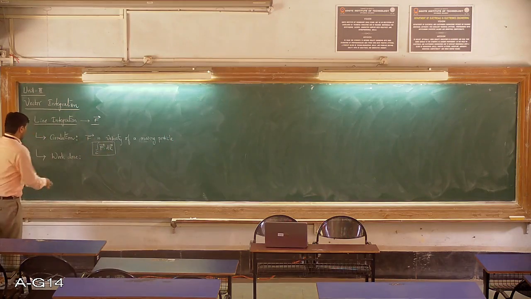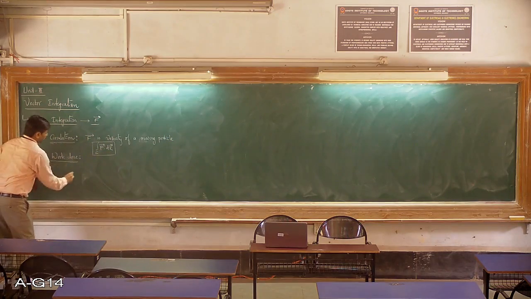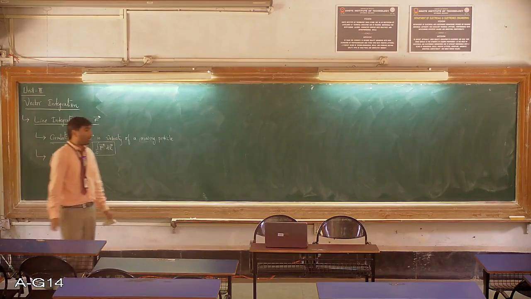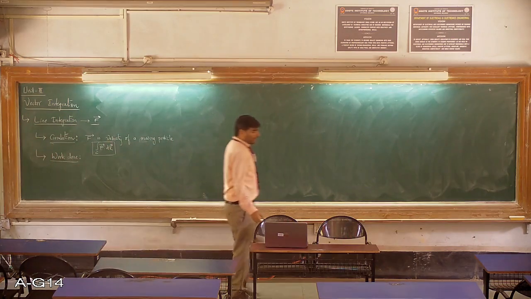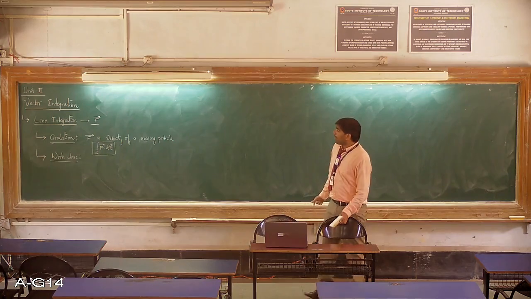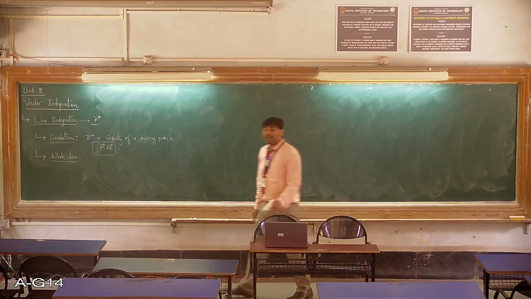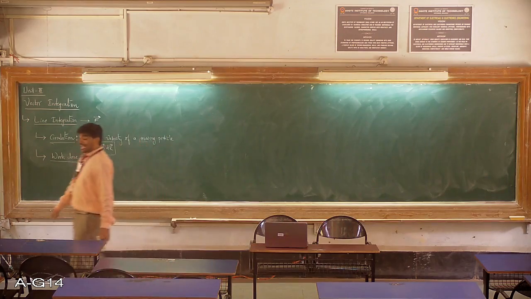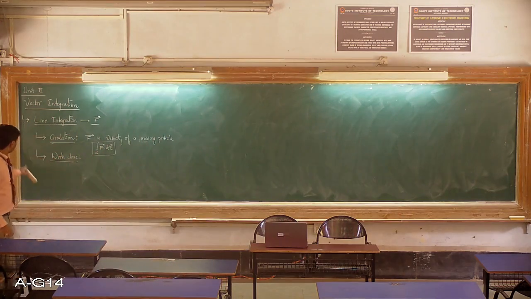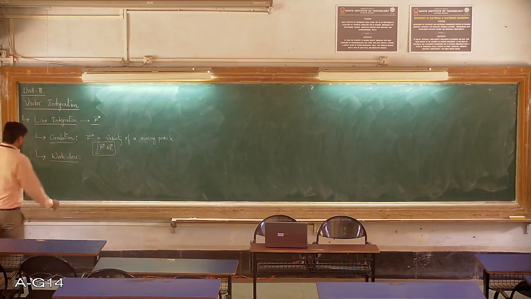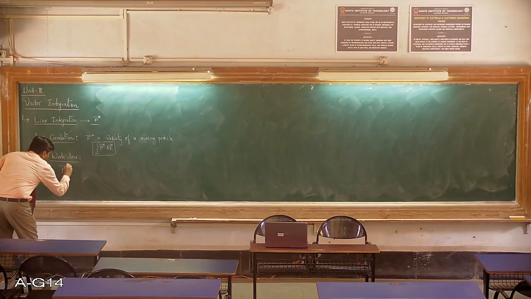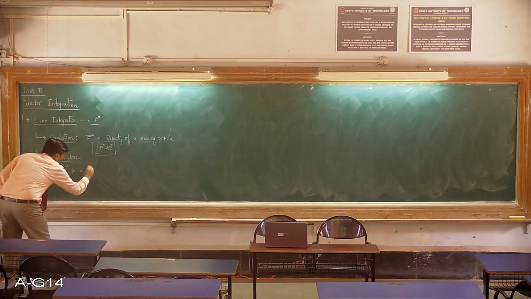Similarly, work done. I think you people might know well what work done is. Work done is the force required to move a particle from one place to another. Even work done is found by using this line integration. In this particular case, F is a force field.